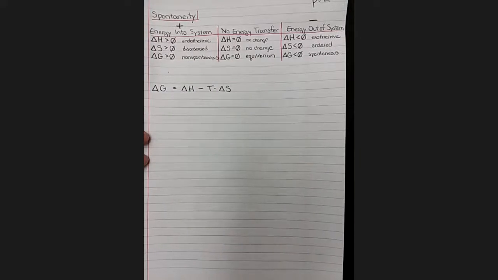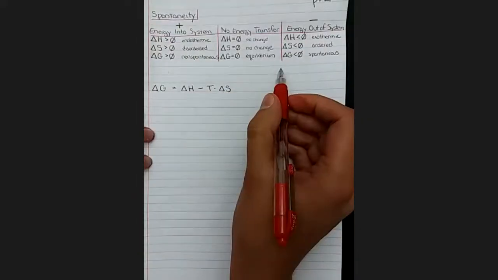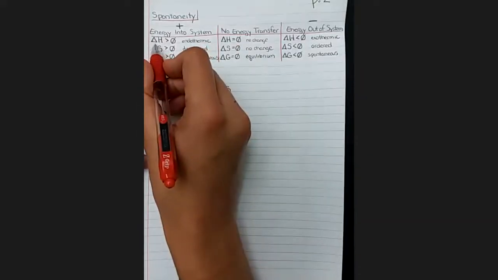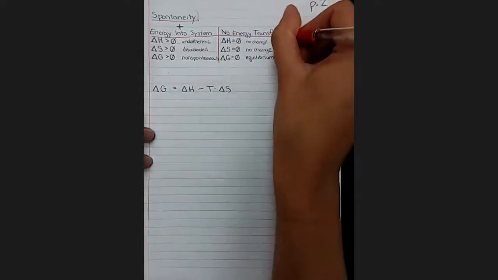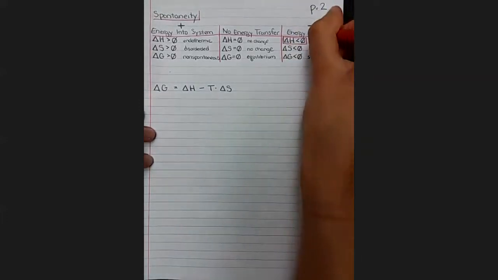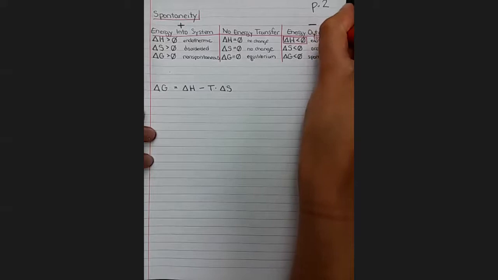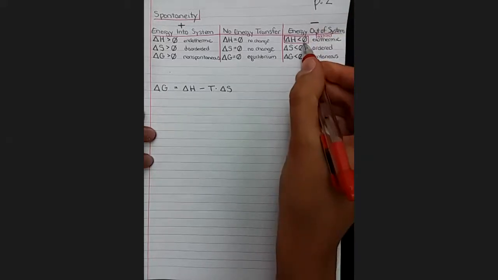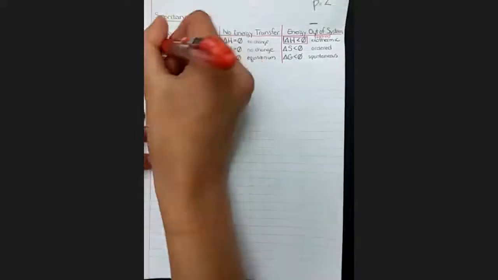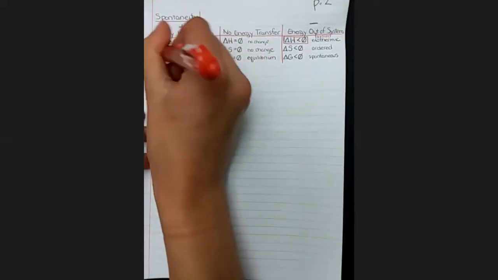And so let's revisit which one of these situations is preferable, positive or negative, for each of our variables. So for enthalpy, we preferred the exothermic reaction. Those were favored when the energy was leaving the system. For entropy, we preferred the positive number.